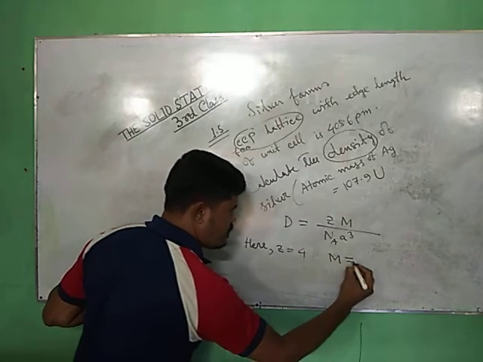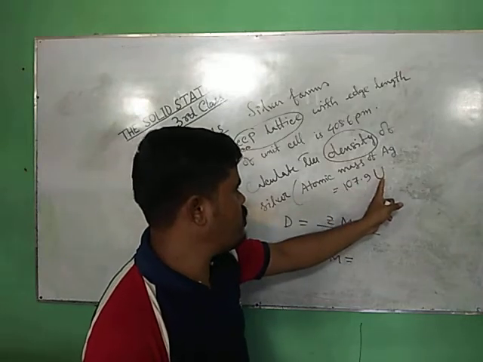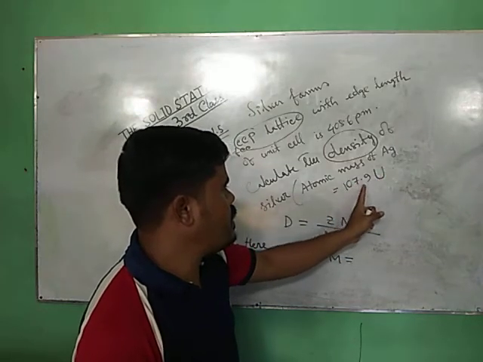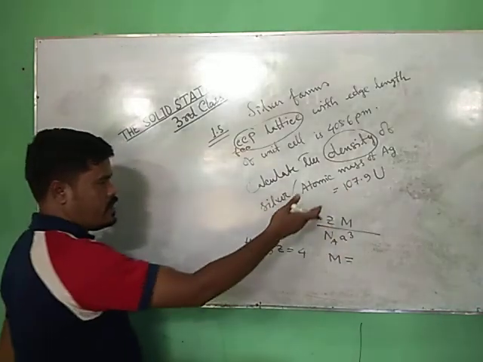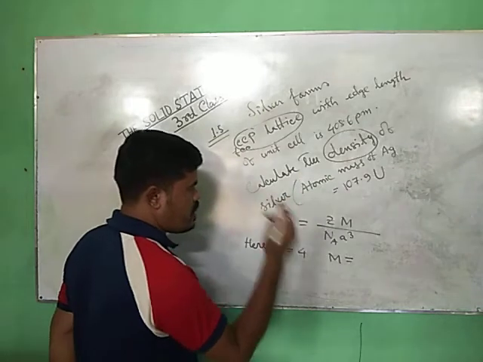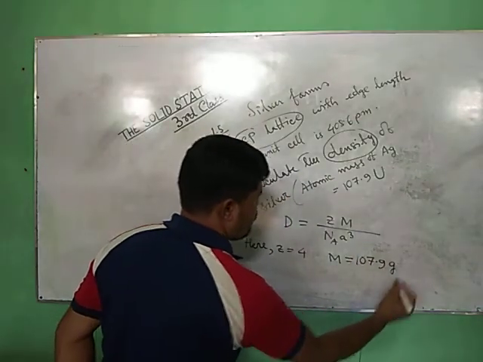You know the molar mass M. It is the relative atomic mass, 107.9 u, so in gram, the gram molecular mass, the molar mass, will be 107.9 gram.